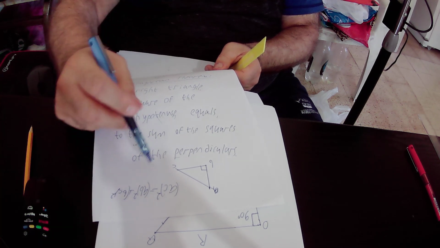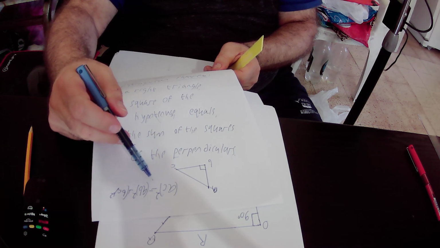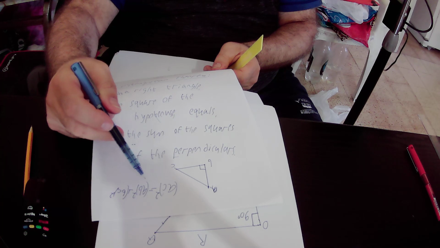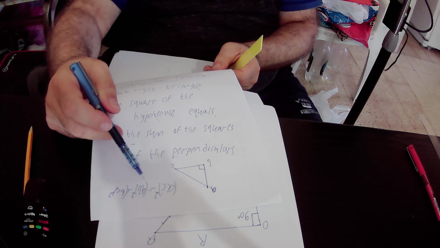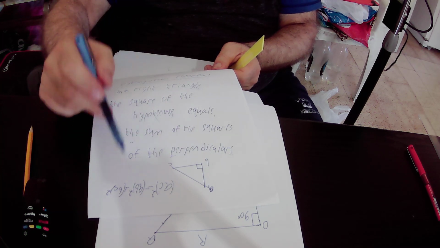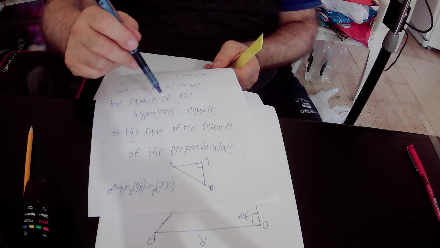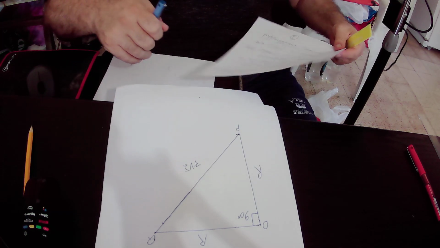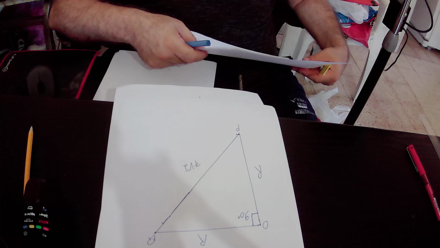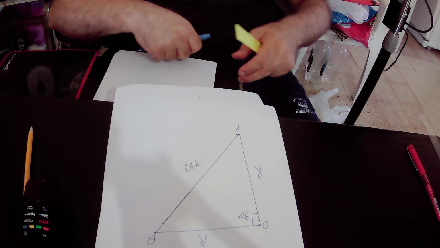Okay, AC square equals to AB square plus BC square. Very simple. So we can implement this rule in our triangle.